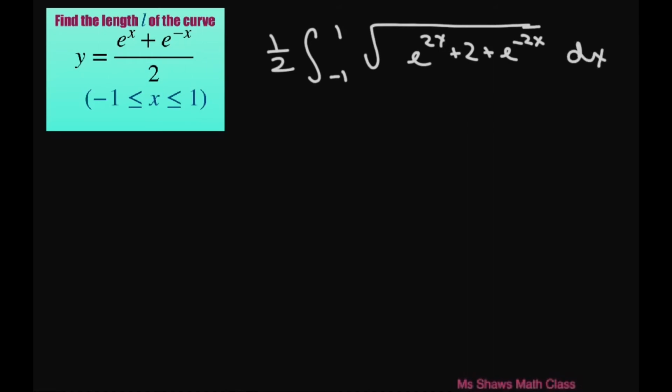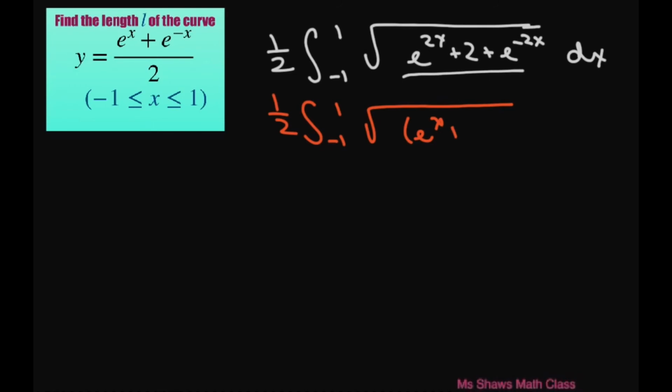All right. Now this is a perfect square trinomial, so I can write this as 1/2 times the integral from -1 to 1 of the square root of (e^x + e^(-x)) squared dx. Now that I have that, since it's a square root, I can use symmetry and change my upper and lower limits from 0 to 1 as long as I multiply my 1/2 by 2.